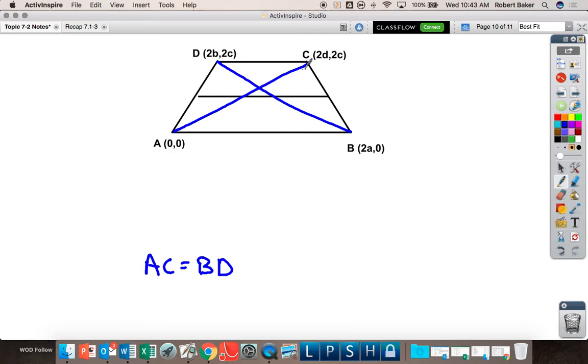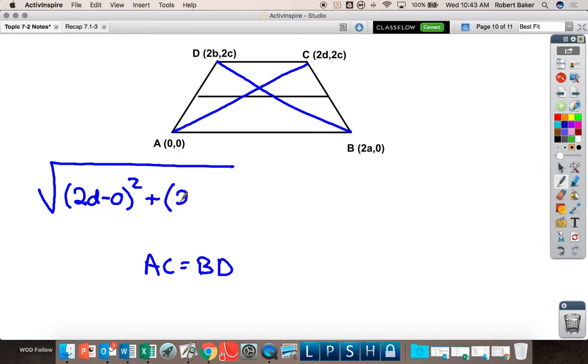So let's do AC first. I'm going to choose these 2 points as my x2, y2, and these 2 points as my x1, y1. So I'm going to get x2 minus 0 squared plus y2 minus 0 squared.